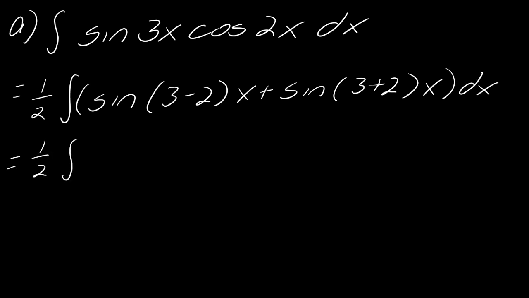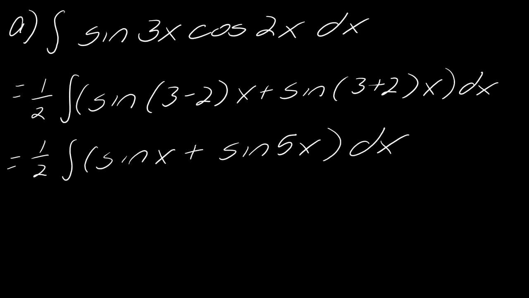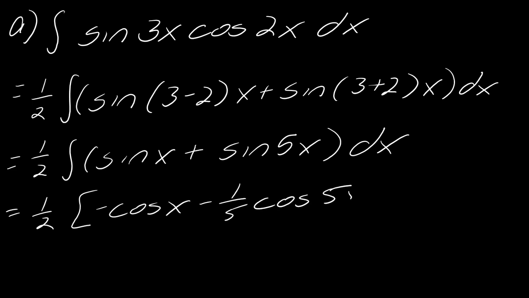So now I need to integrate sine x plus sine 5x. And okay, so now this will be 1/2, and let's see, this will be negative cosine x minus 1/5 cosine 5x plus c.